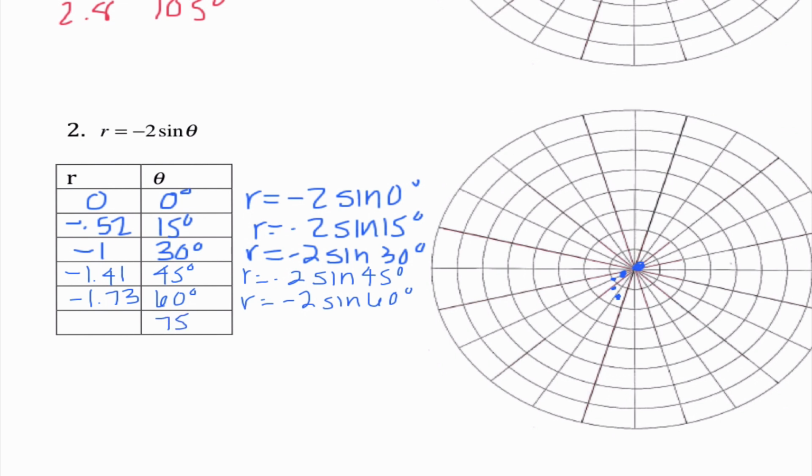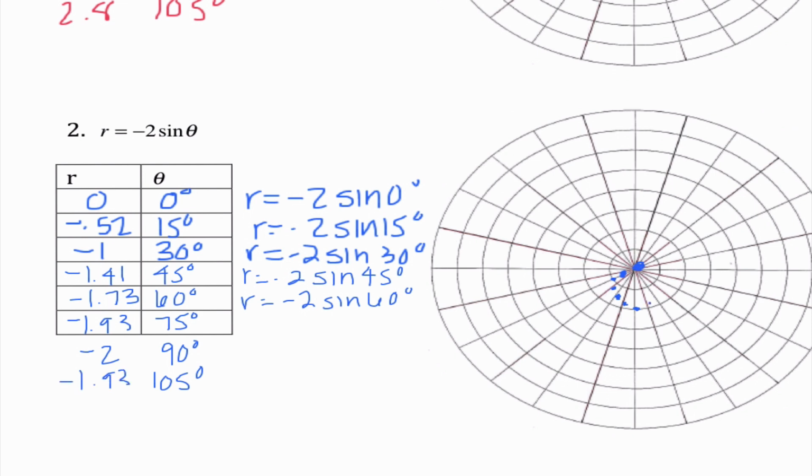Okay, let's try 75 degrees. 75 gives me negative 1.93. If I put in 90 degrees, I end up getting negative 2. Okay, now I'm going to try 105. And when I put 105 in, I get negative 1.93.